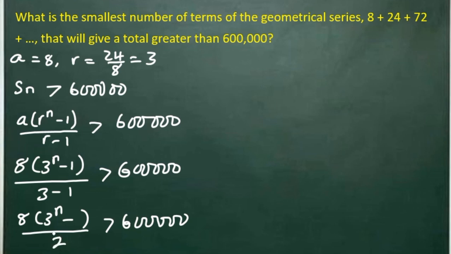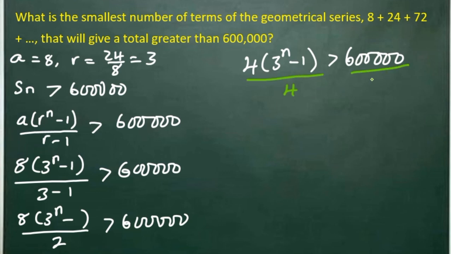Now 8 divided by 2 gives us 4, so we have 4 into bracket 3 to the exponent of n minus 1 greater than 600,000. Now if we divide through by 4, we have 3 to the exponent of n minus 1 greater than 150,000, since 600,000 divided by 4 is 150,000.